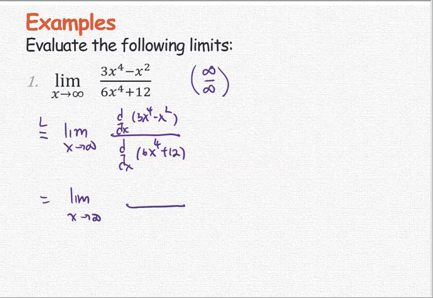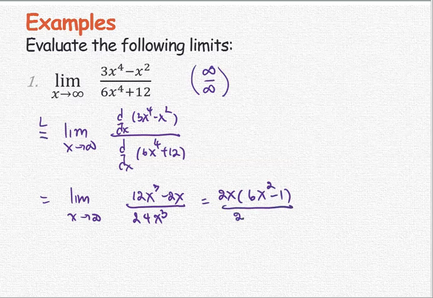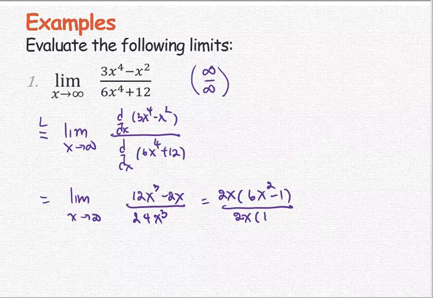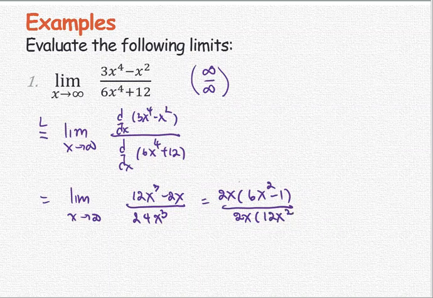The derivative of the numerator is 12x to the third minus 2x. The derivative of the denominator is 24x to the third. And simplify, as we can see the factor 2x. So we get 6x to the second minus 1 divided by 2x, and multiply by 12x to the second.